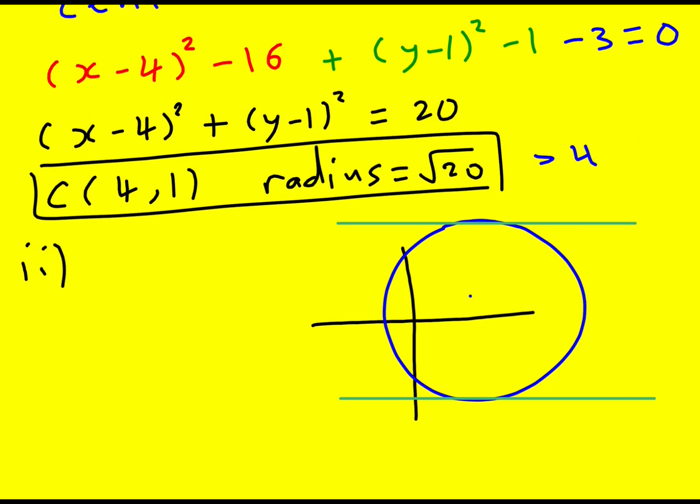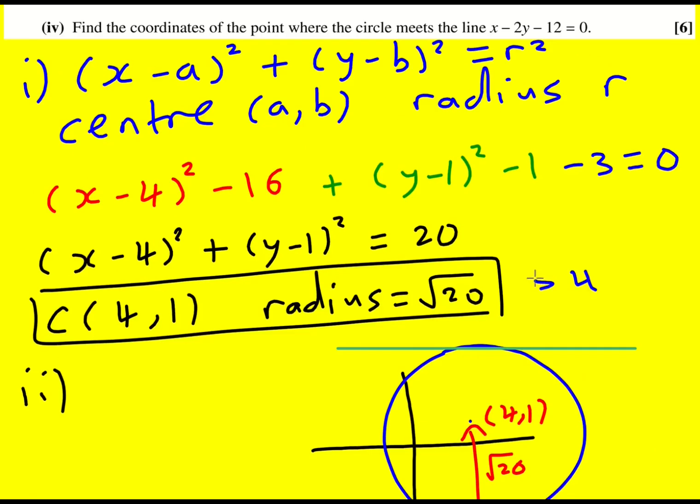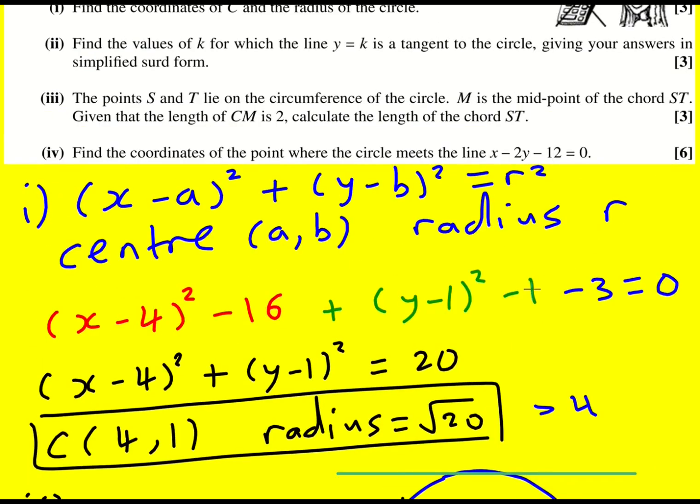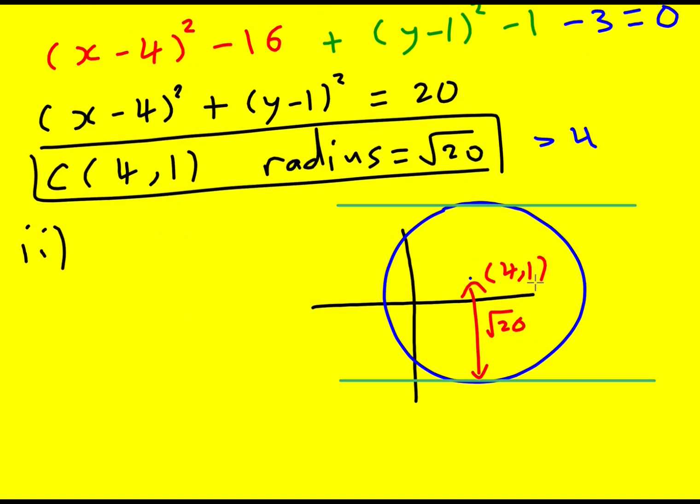We can use our sketch to figure this out really quickly because I know that I've got the center y value of 1. I've got a radius of root 20. And so if my y value here is 1, remember we're trying to work out k. One option is that I'm at 1 and then I need to minus root 20.